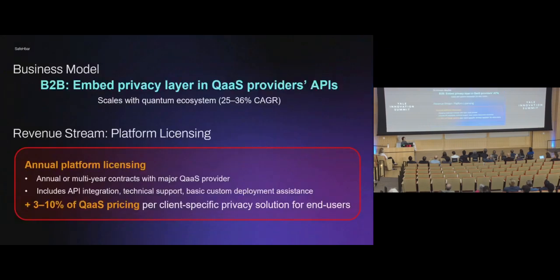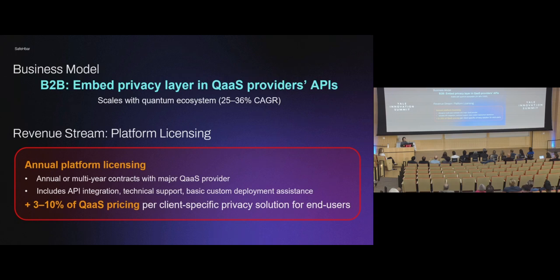Our business model is B2B, centered around embedding SafeHbar's privacy layer into quantum as a service providers' APIs. We will generate revenue through two main streams. The first is that we will establish annual licensing partnerships with major quantum hardware vendors, generating recurring licensing revenue.